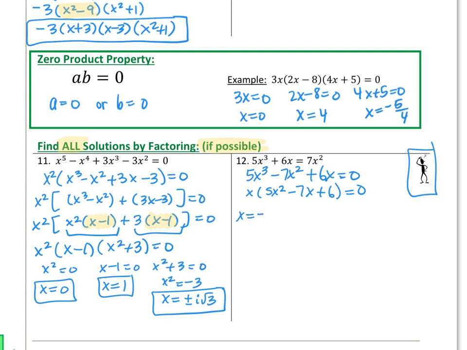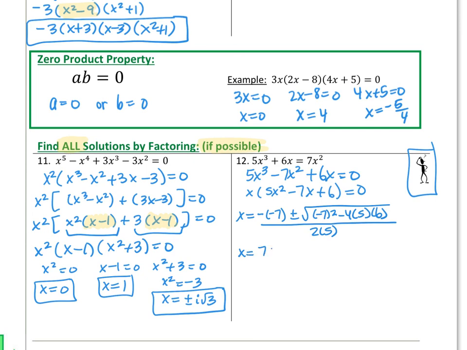So that would be negative 7 plus or minus square root of negative 7 squared minus 4 times 5 times 6 all over 2 times 5. Notice how that came in from the previous lesson. That's why we did it. Okay, everything we do is there for a reason.